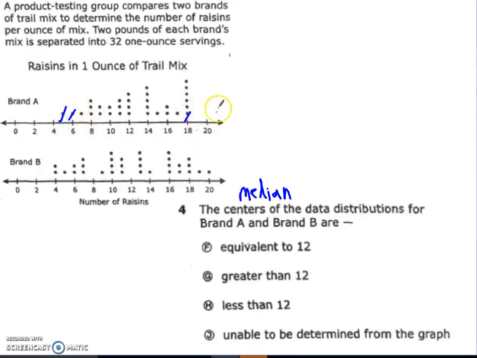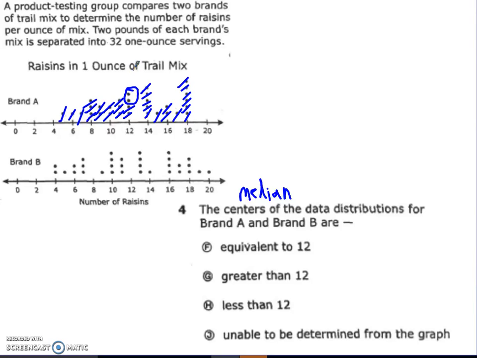Okay, so 1, 2, 3, 4, 5, 6, 7, 8, 9, 10, 11, 12, 13, 14, 15. So the median is 12 here.